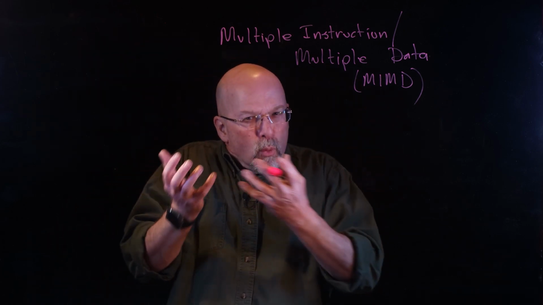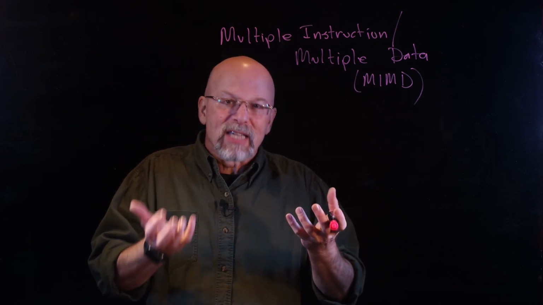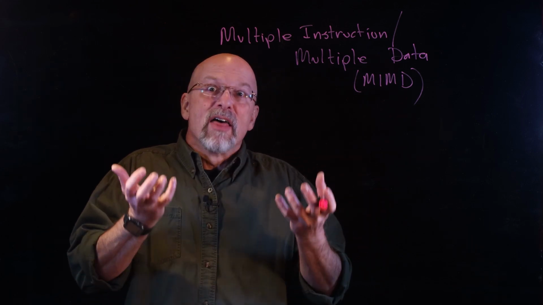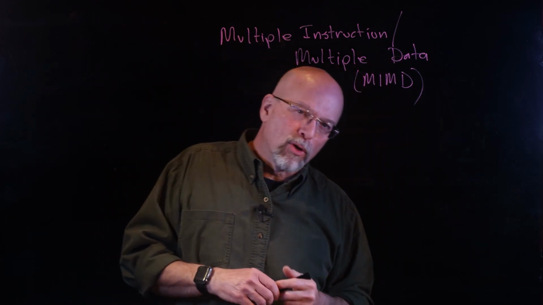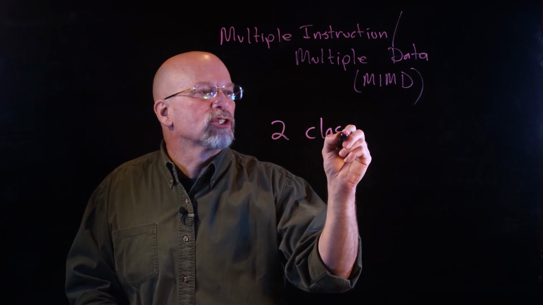So, when you have one unit and you can duplicate it and have a second unit that can do exactly the same sort of process, then you've got something that's capable of multiple instruction, multiple data. Now, there are really two classifications.